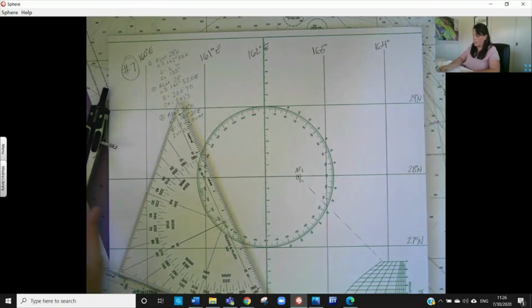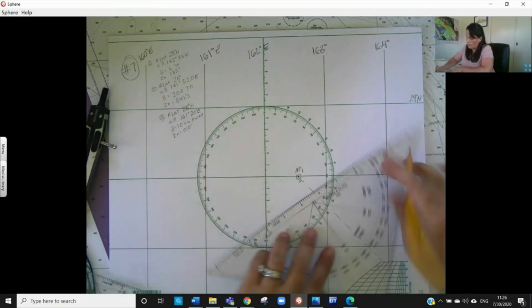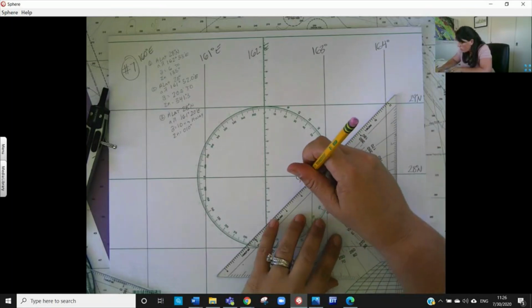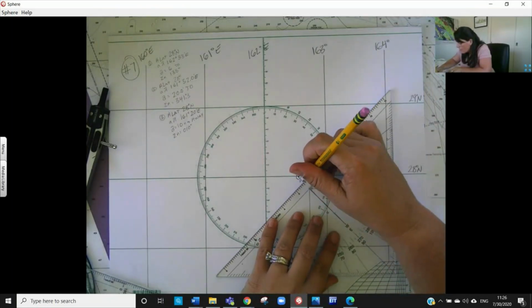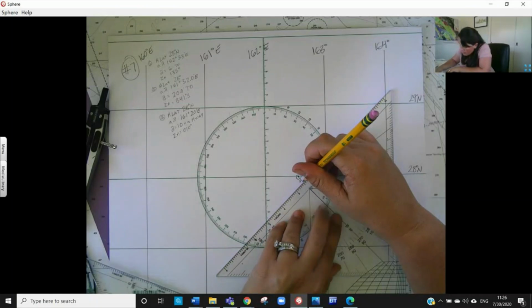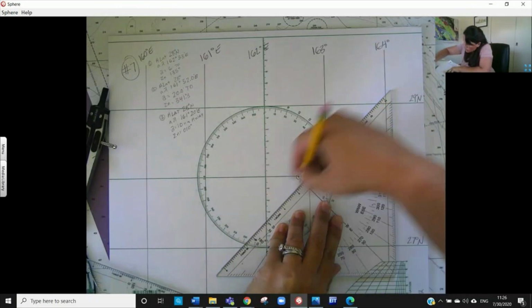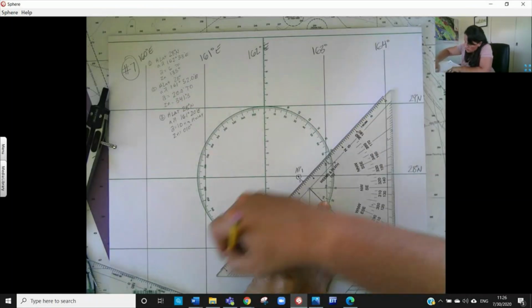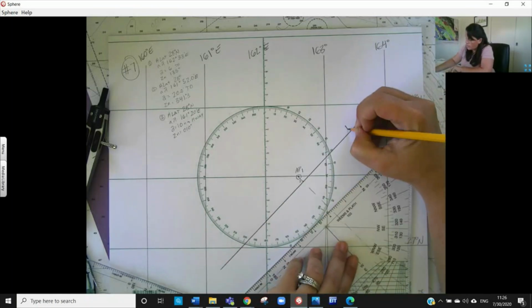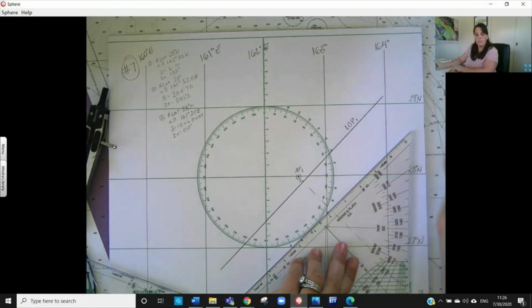So that is my intercept. I'm going to draw a perpendicular line to my azimuth. So that is my LOP for number 1.